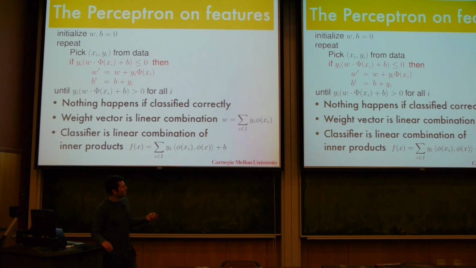And then you can check with a W those feature lines. As I said before, the weight vector is now a linear combination, initializing a classifier as a linear combination. Any questions? Right, so this is correct.